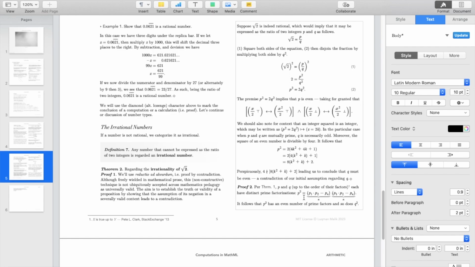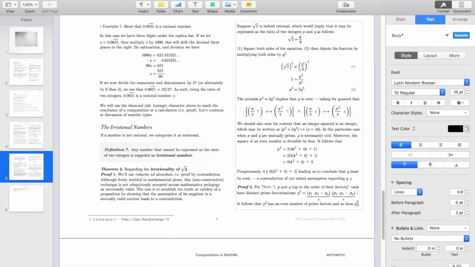Well, P has a number of prime factors, n number of prime factors. We don't really care how many there are at this stage. And all we're doing is doubling that, P squared. So there's 2 times the amount of prime factors that produce P squared. That's an even number of prime factors. And so does Q squared. It's the same deal. It's an even number of prime factors.